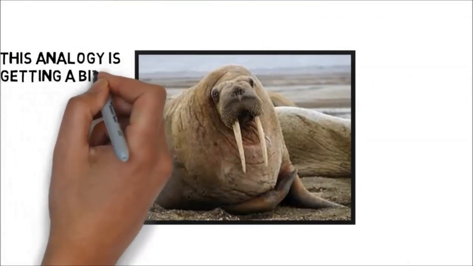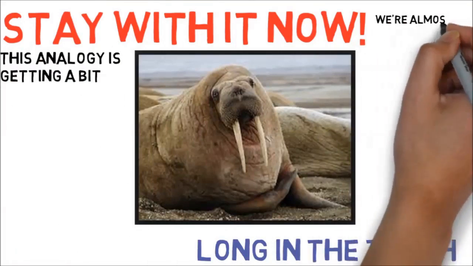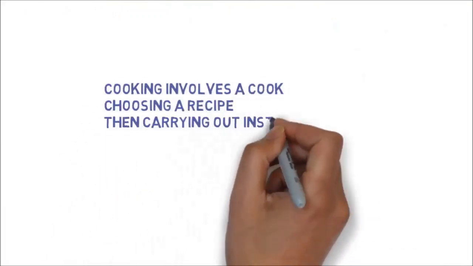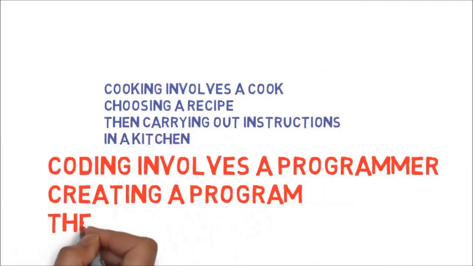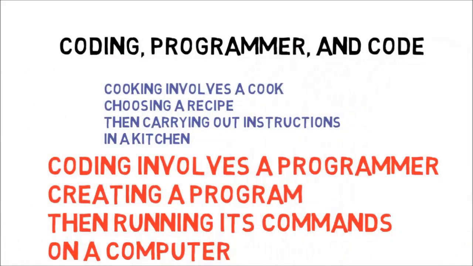Let's stick with this analogy, even if it's getting a little bit long in the tooth. We're almost there. Cooking involves a cook choosing a recipe and then carrying out the instructions in that recipe in a kitchen. Coding involves a programmer creating a program, then running its commands on a computer. Coding is like cooking, the programmer is like the cook or the chef, the code is like the recipe.